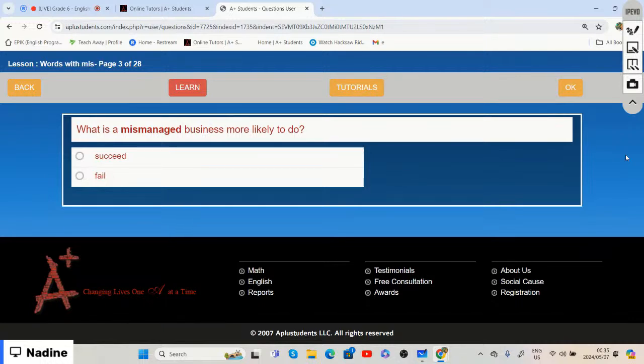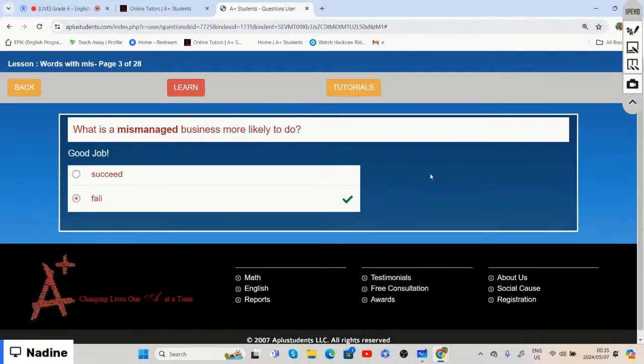Option one, will it succeed, or option two, will it fail? All right. So a mismanaged business is more likely to fail. If you do not manage a business very well, then your business is not going to succeed.